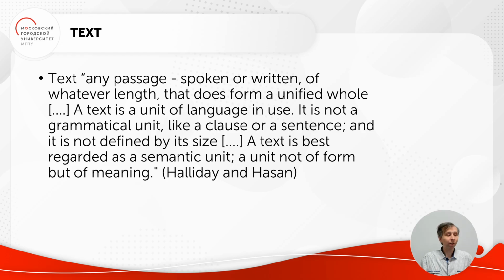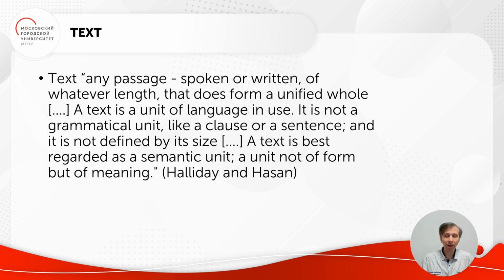And another definition by Halliday and Hasan: text is any passage, spoken or written, of whatever length, that does form a unified whole. A text is a unit of language in use. It is not a grammatical unit, like a clause or a sentence, and it is not defined by its size. A text is best regarded as a semantic unit, a unit not of form, but of meaning.